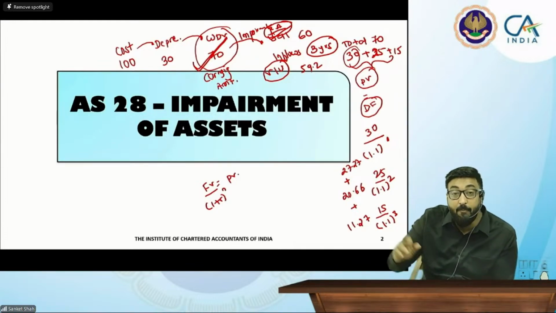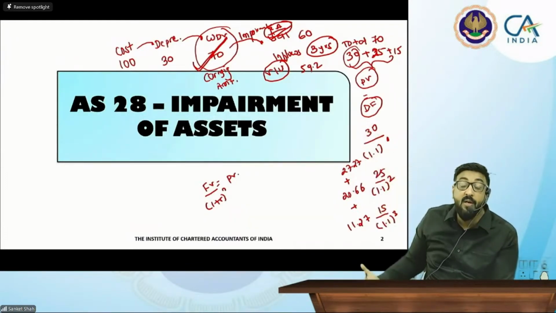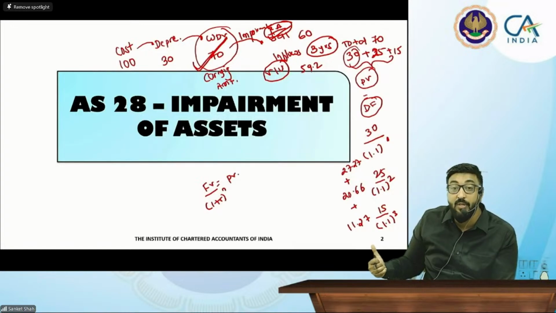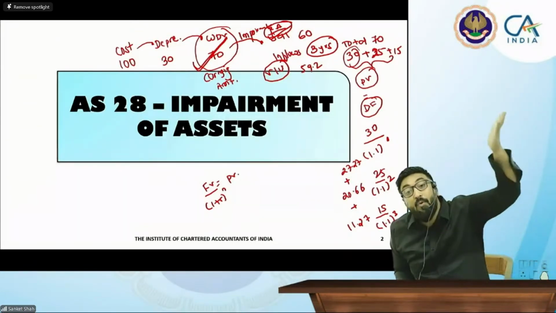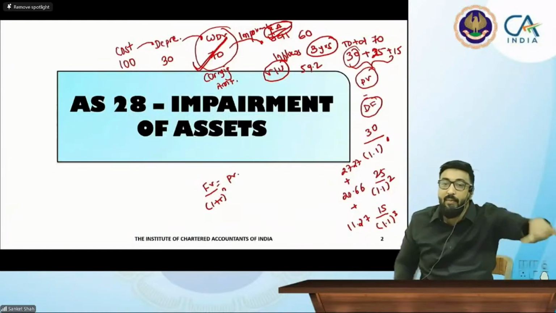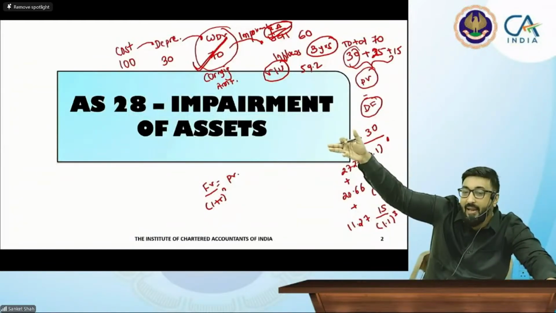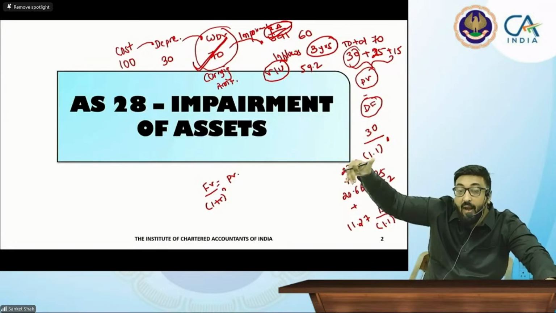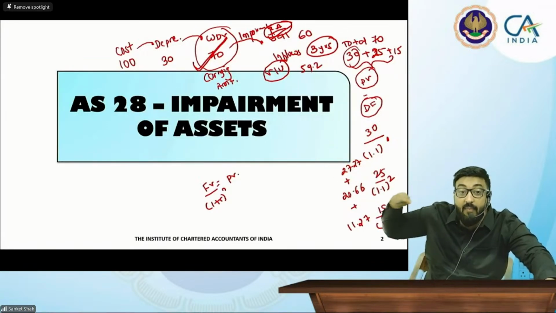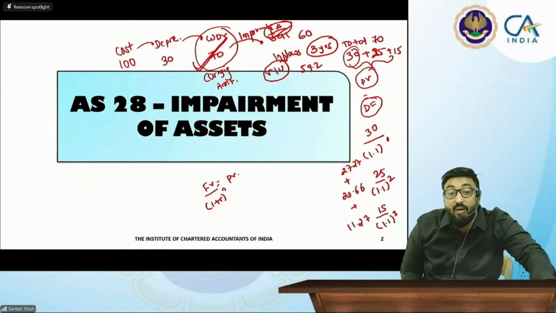If my recoverable amount is lower, there is impairment. And if my recoverable amount is higher, there is no impairment because I will sell it higher than my book value, or I can generate the income from this. So that is called impairment.